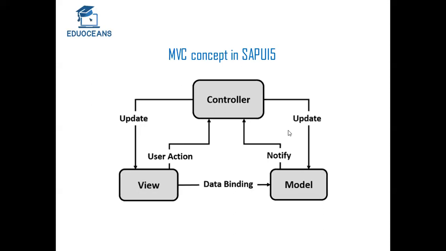The view is responsible for managing the information display to the users, and views are totally based on the models. Finally, the controller is responsible for taking the input given by the devices and communicating to the model and view to trigger the correct action. Controllers are based on the model. So this is the generic MVC concept in SAP UI5.